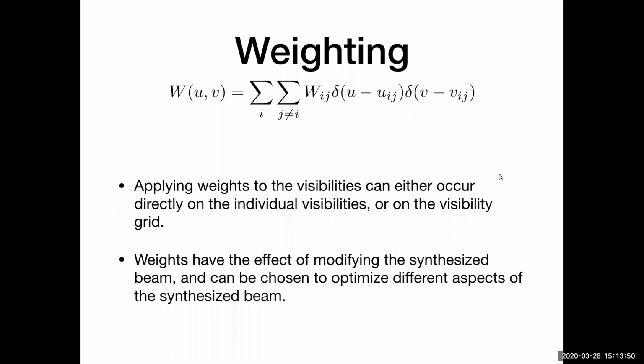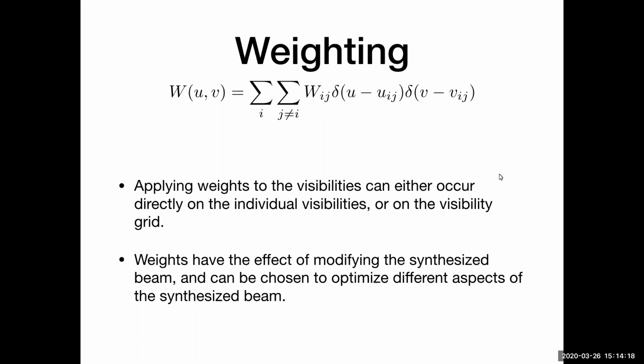You can choose to upweight and downweight different baseline lengths or different parts of the UV plane, and this changes the shape of the synthesized beam. You can choose certain parameters that you would like to optimize for, things like: do you want the lowest noise in the image, for example, versus the sharpest possible image with the available baselines.